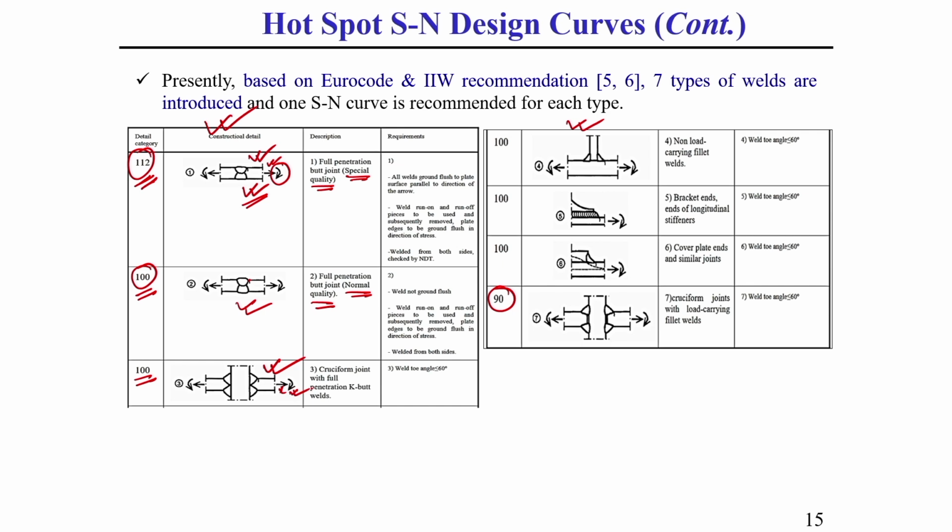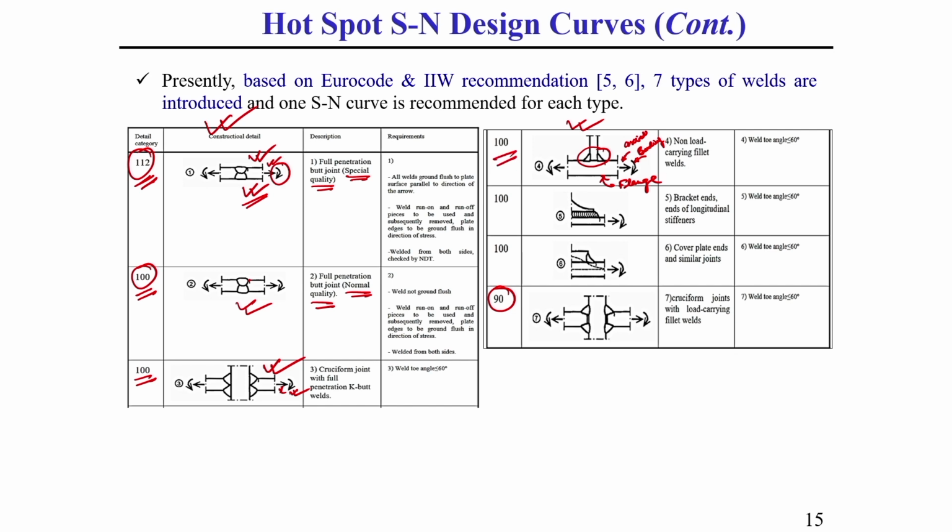What I am telling, understand. Similarly, for a non-load carrying fillet weld, a fillet welding is done but the load is applied in this flange, so it is called a non-load carrying fillet weld. The straight line represents axial loading and this curved line represents bending loading. For both axial and bending loading, you can consider a FAT value of 100.